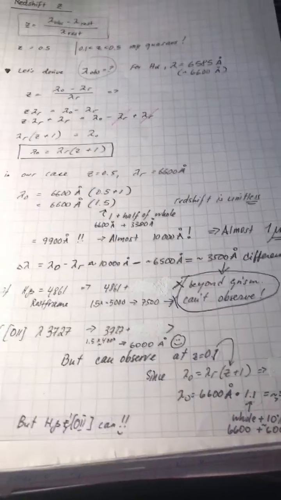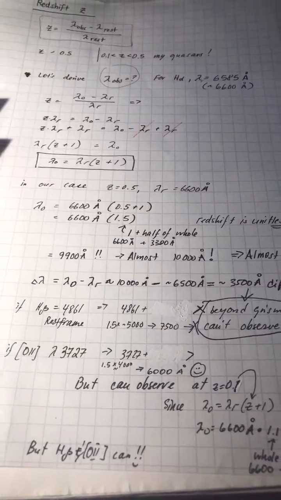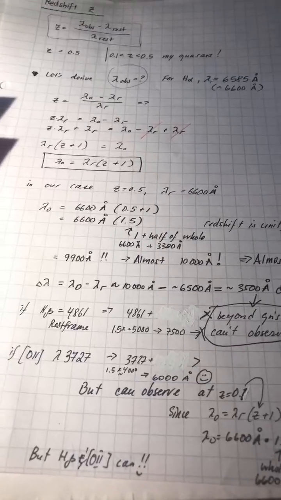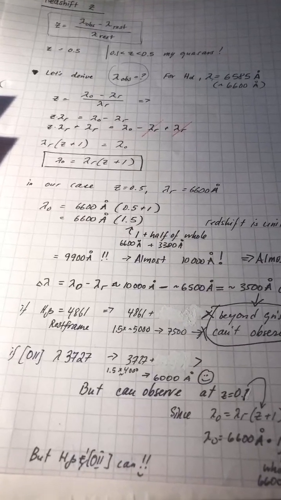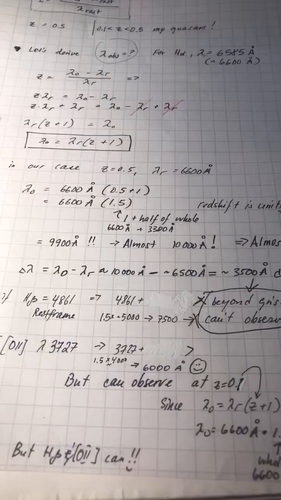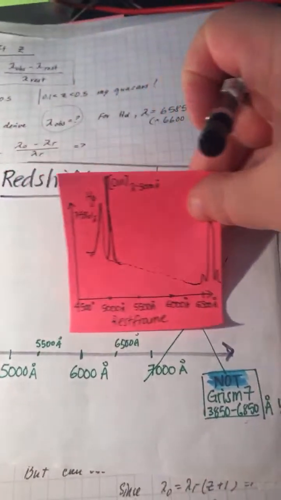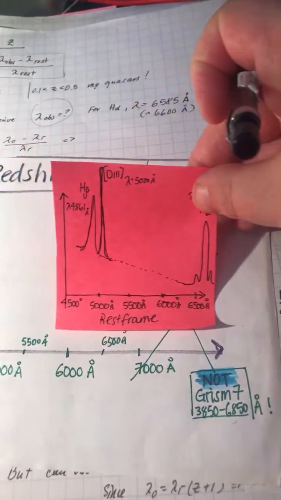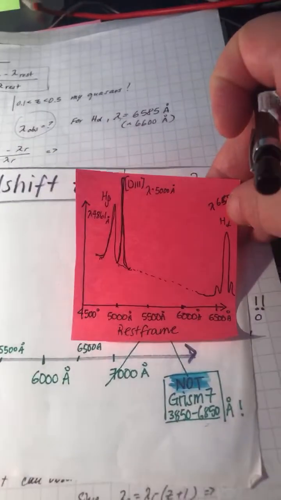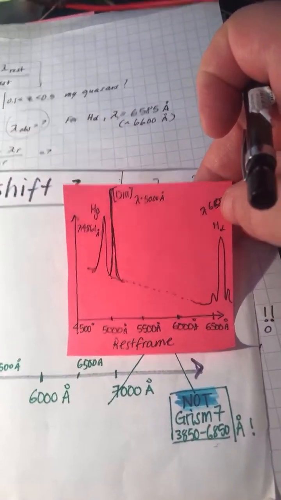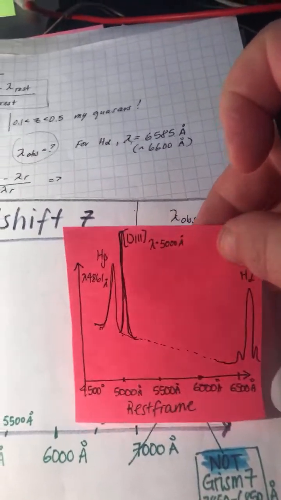They don't shift with the same difference between lambda observed and lambda rest frame. So the bluer lines move a little bit less than the redder lines, such as H alpha.